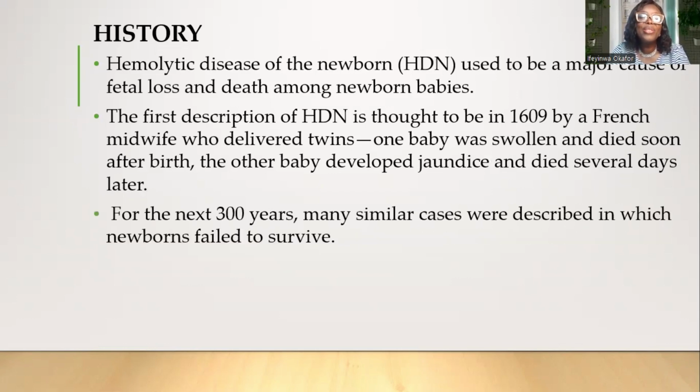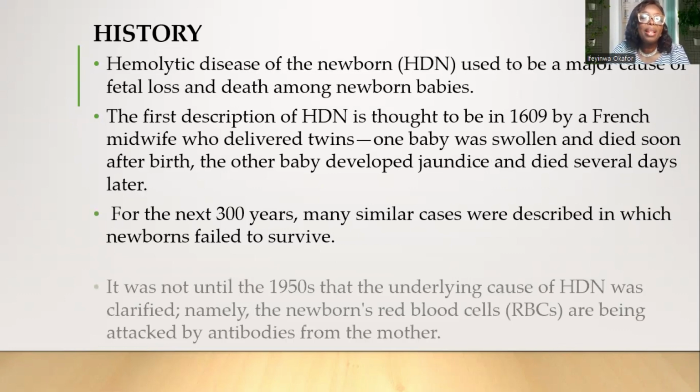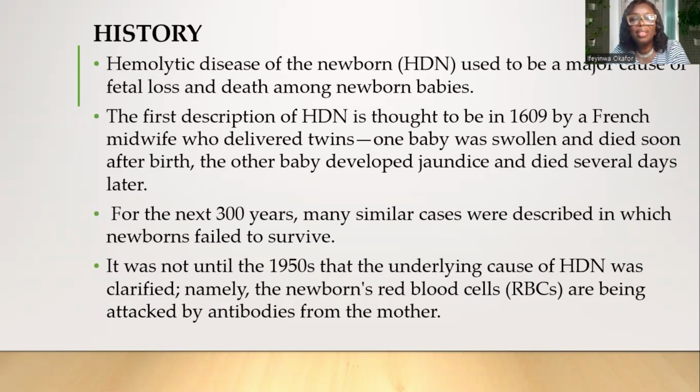For the next 300 years after this incident, many similar cases were described in which newborns failed to survive. Now, it was not until the 1950s that the underlying cause of HDN was clarified, namely, the newborn's red blood cells are being attacked by antibodies from the mother.